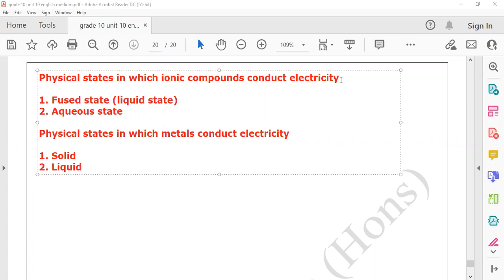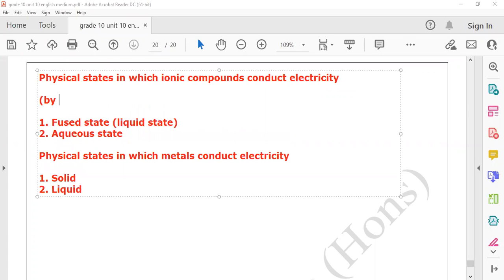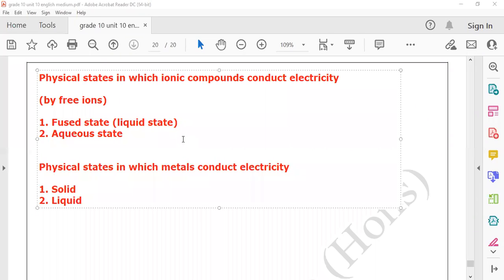Here, electric conduction is by free ions. Who conducts the electricity in ionic compounds? Free ions.